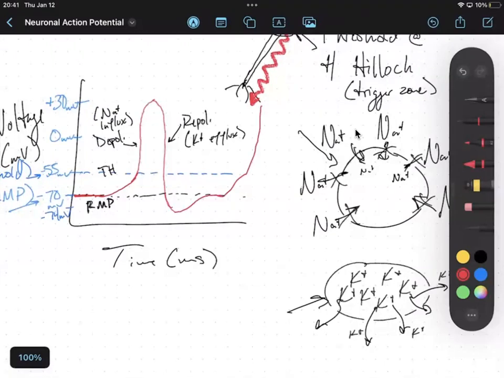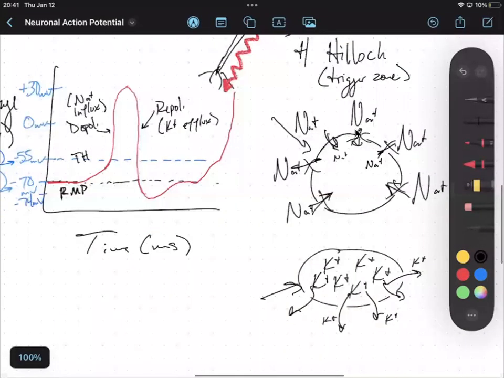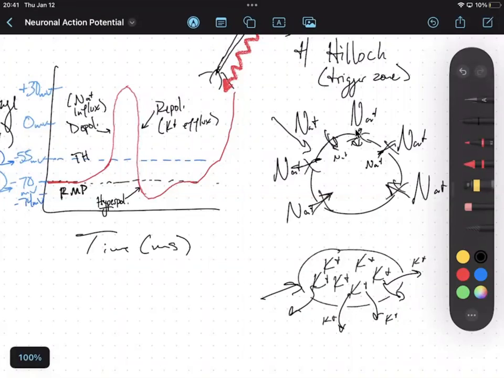Okay, so this phase down here is called the hyperpolarization, right? Hyper meaning excess, too much, and then too much polarization. So again, this has to do with potassium efflux as well.